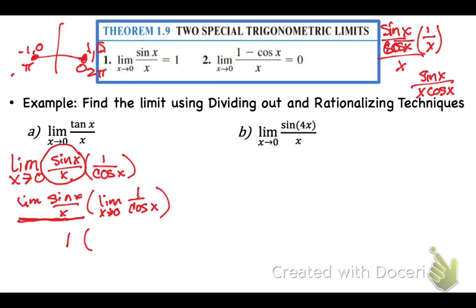Well, that's only at pi. But it doesn't say it's at 2 pi or 0. Yeah, it does, right here. We're approaching 0, so we do direct substitution. So the cosine at 0 is 1. So this is 1 over 1, which is 1, and 1 times 1 is 1. So the answer is 1.